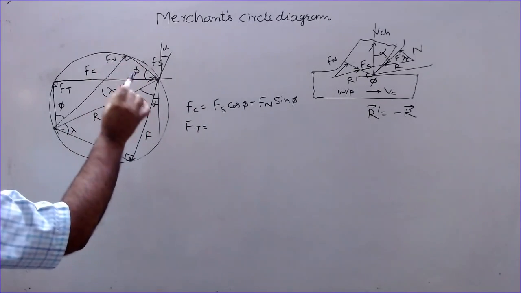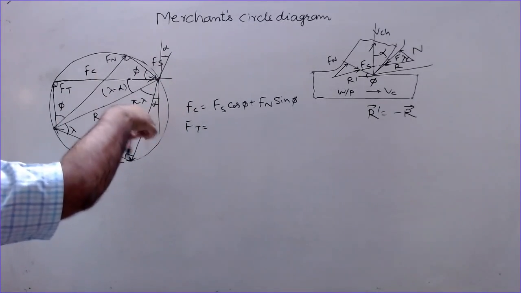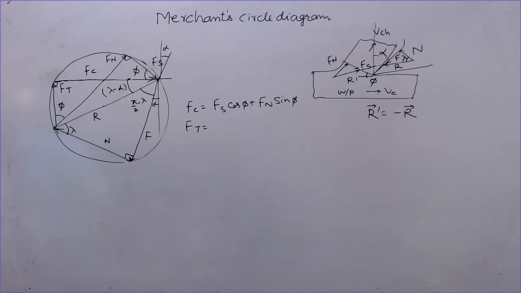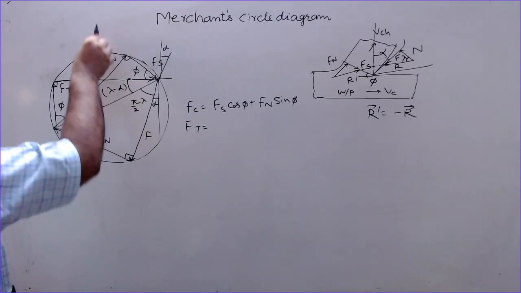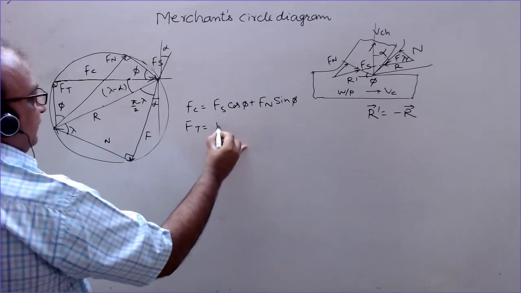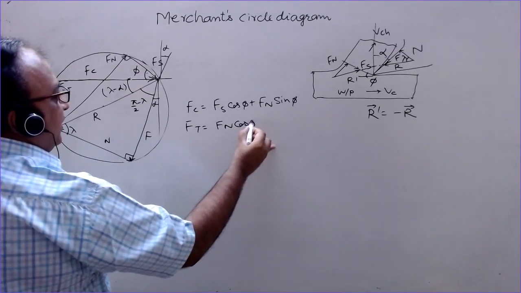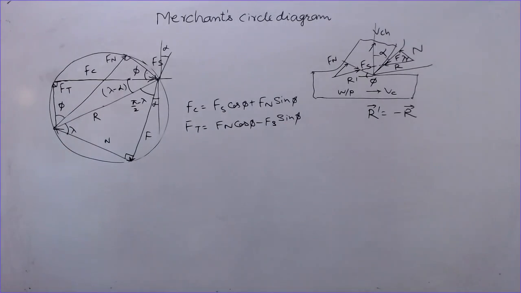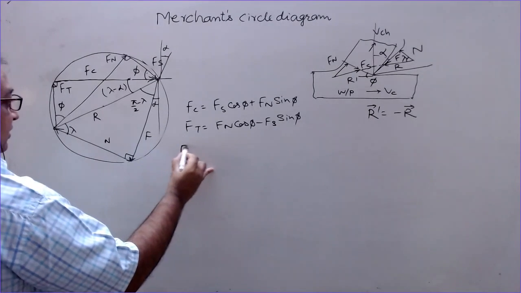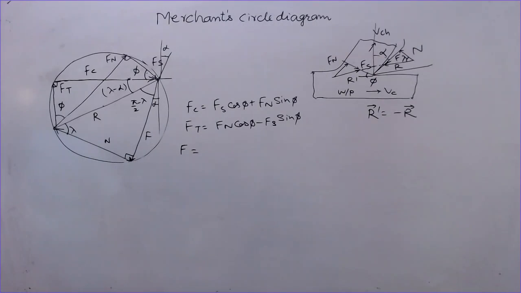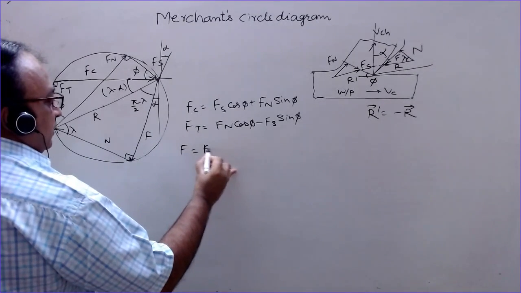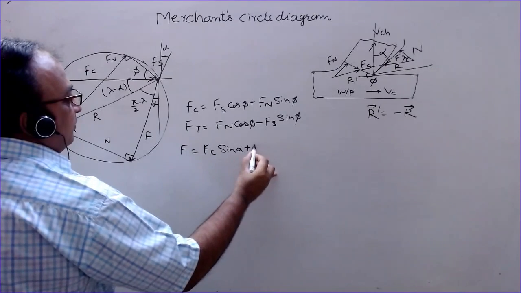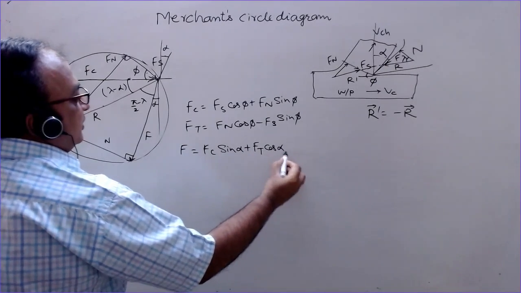Fs is having one component in this direction, Ft is in this direction, so this will be negative, and Fn, as I told you, will be having cos component in this direction. So Fn cos phi minus Fs sin phi. Similarly, you can resolve the other forces, and we get F is equal to Fc sin alpha plus Ft cos alpha.